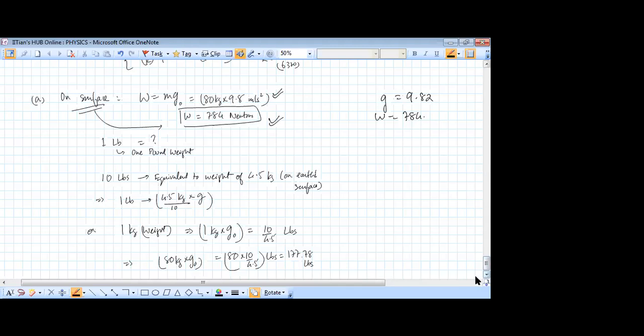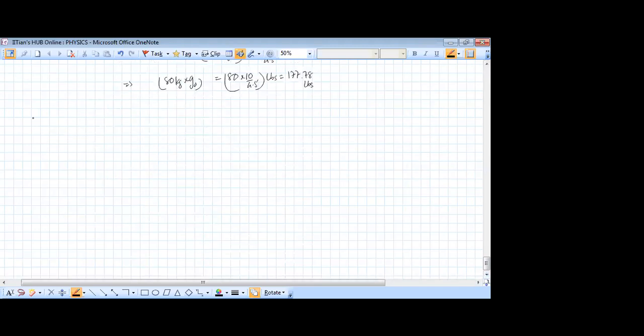Now let us come to how we'll calculate the weight of the person in newtons at a height of 300 kilometers. So in part B, at h equal to 300 kilometers, g will become this.